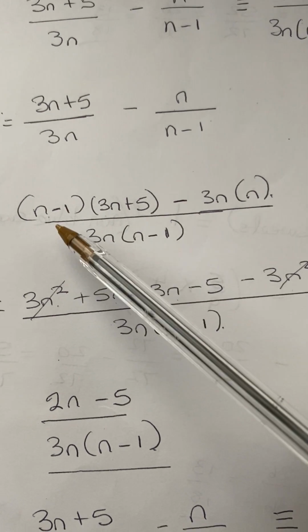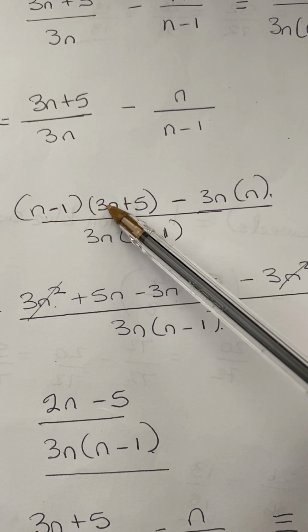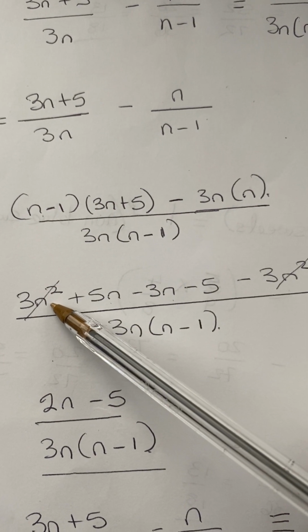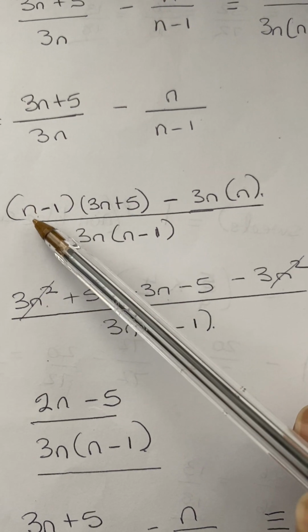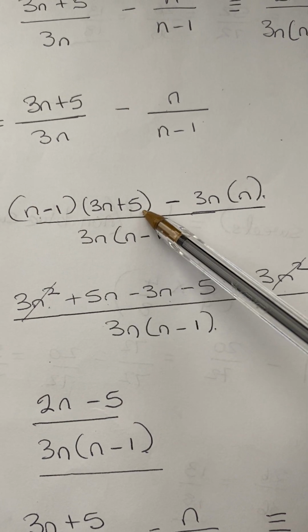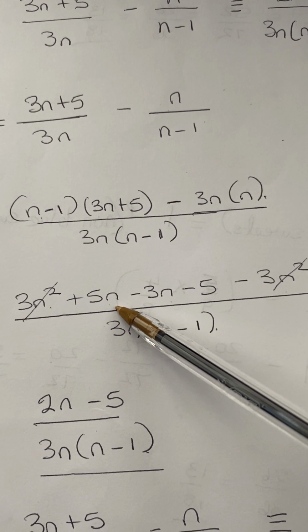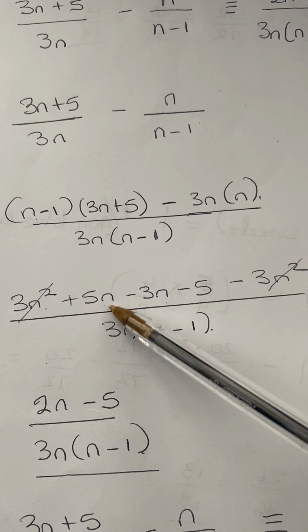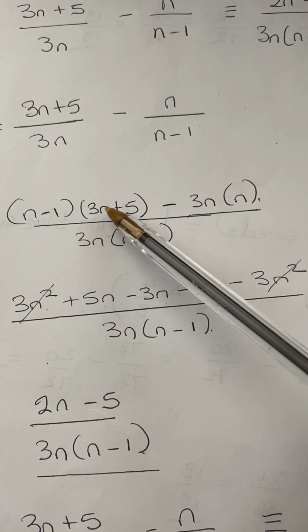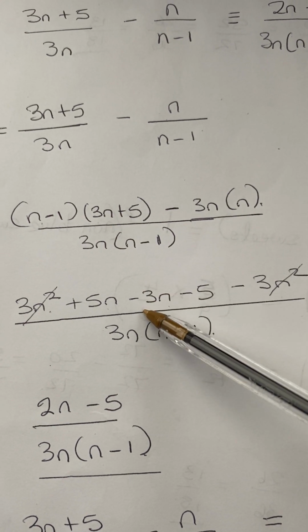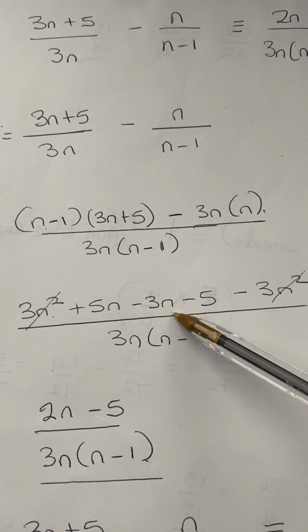Okay, so n times 3n will be 3n squared. n times 5 will be 5n. Okay, minus 1 times 3n will be minus 3n.